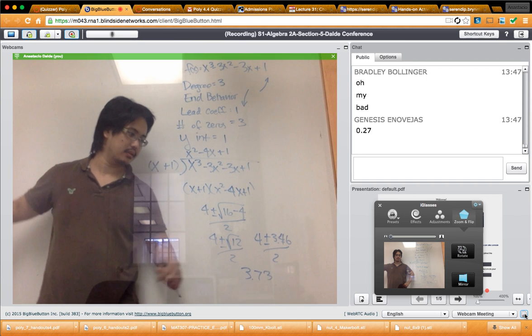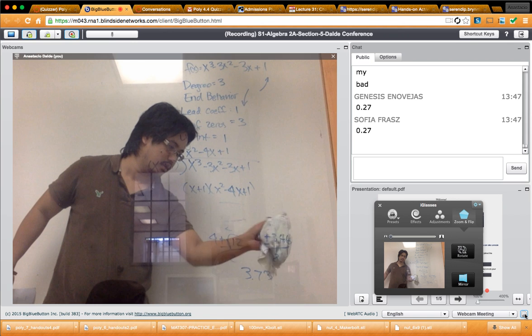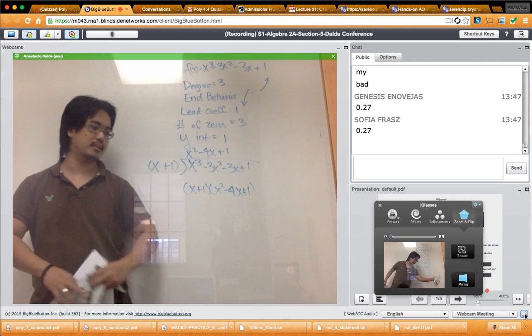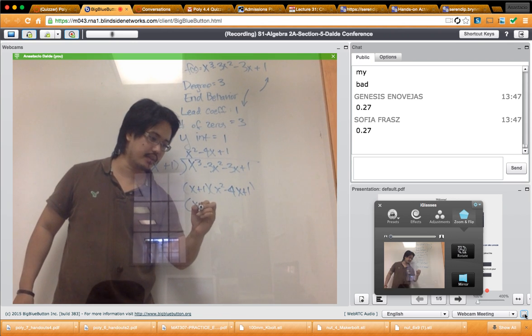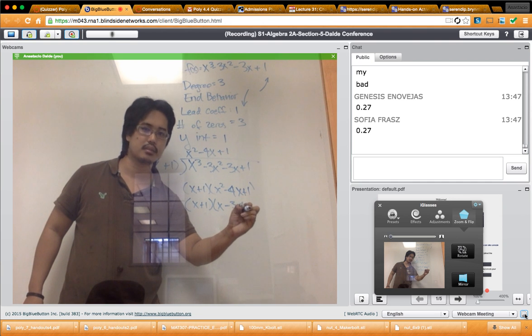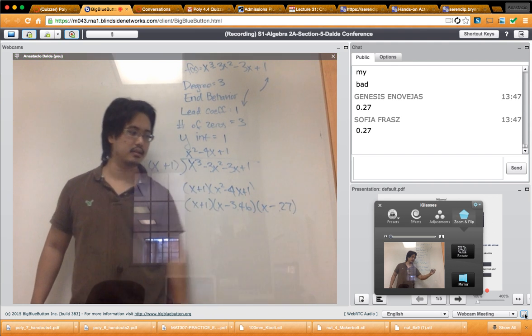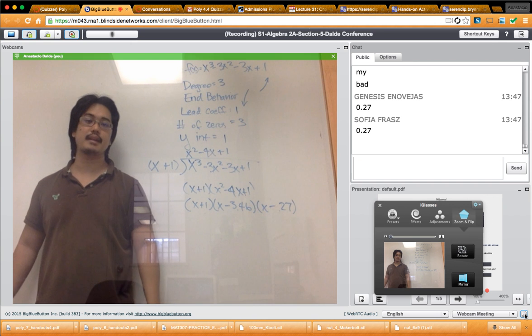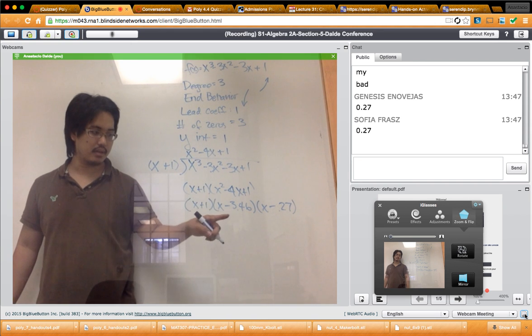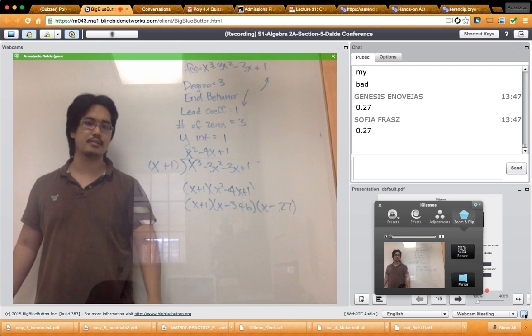Okay, 0.27. So I'm going to erase this quadratic equation part. So I would venture to say that if I had x plus 1 times x minus 3.73 times x minus 0.27, that was my answer. I got these numbers from the quadratic equation because those were my other factors.